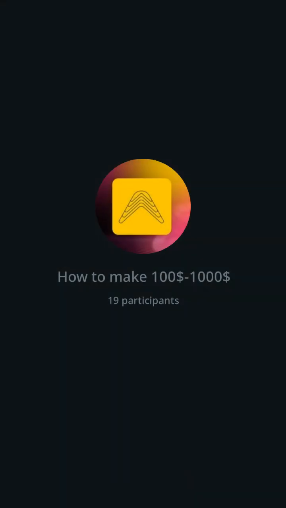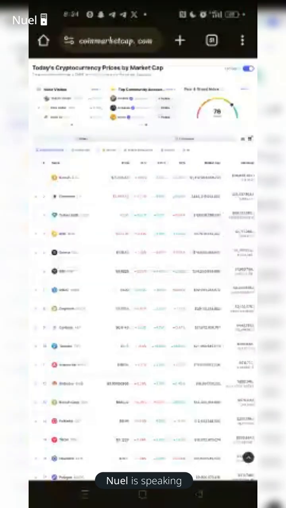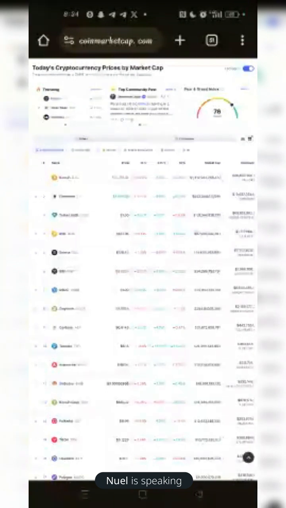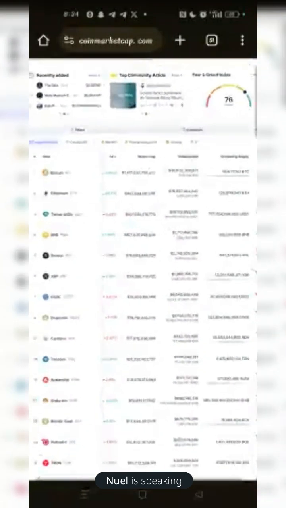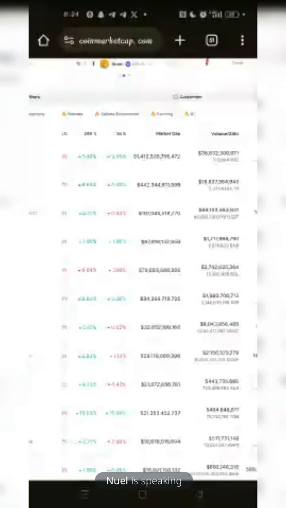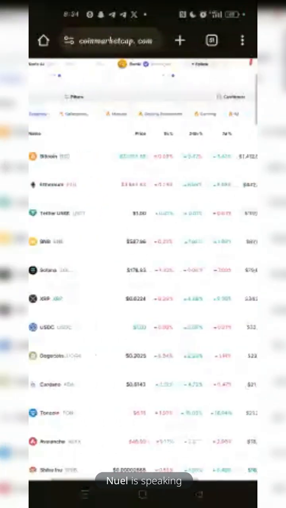Through this, you can see that this particular website ranks projects according to their market capitalization. If you look carefully here, you are seeing the market cap. This is Bitcoin, the first line.